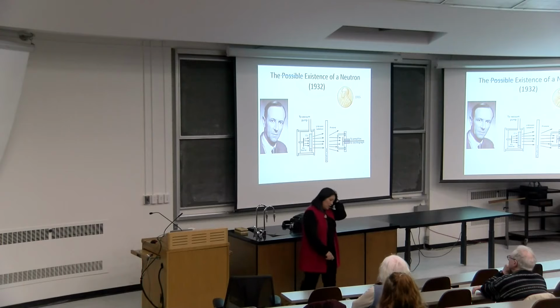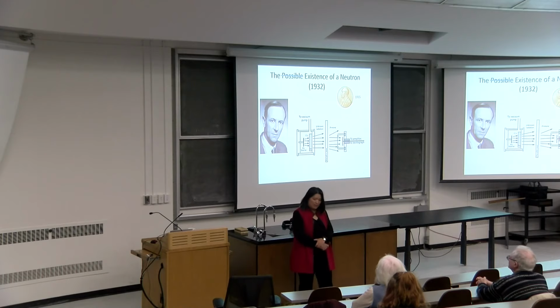So he thought it could be this other kind of hydrogen-electron bound state proposed by Rutherford, his mentor, 10 years ago. He repeated the same experiment, using various different converters.